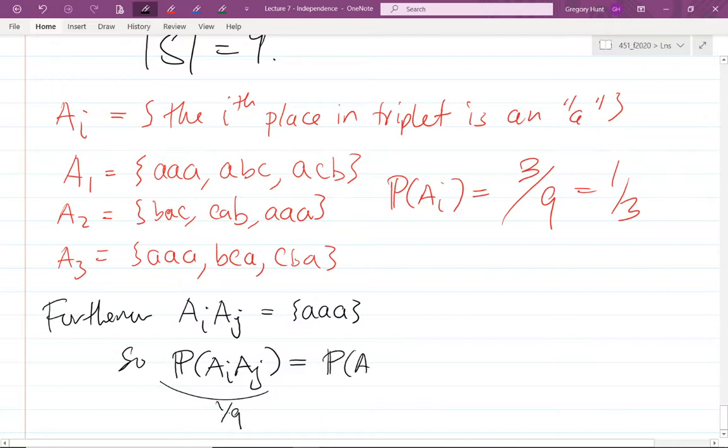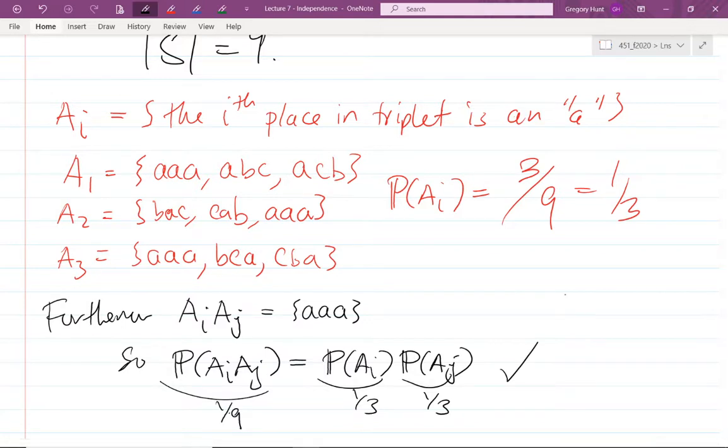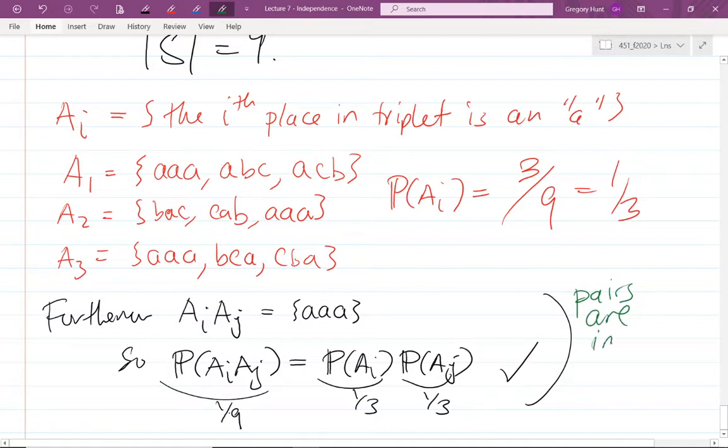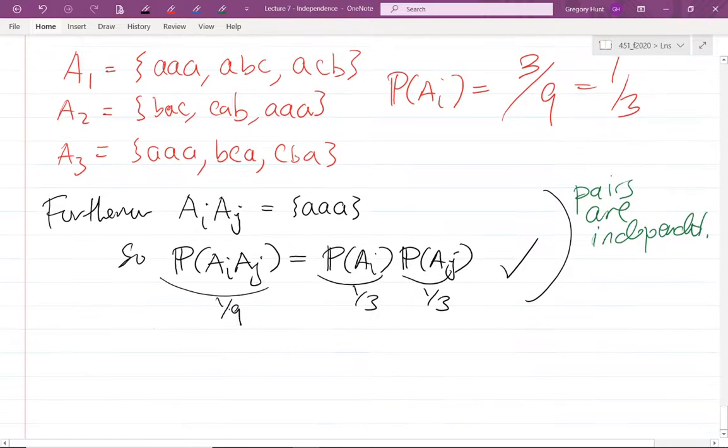And the question is whether that equals the probability of Ai times the probability of Aj, which is a third by a third. That looks like it works out. 1/3 squared is 1/9. And so this independence rule works. So what we can say is that pairs are independent.